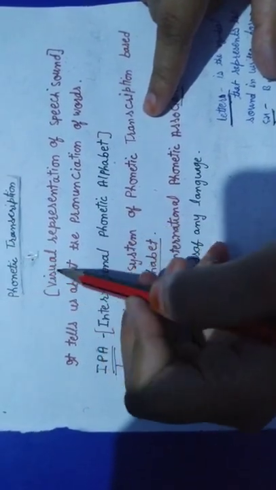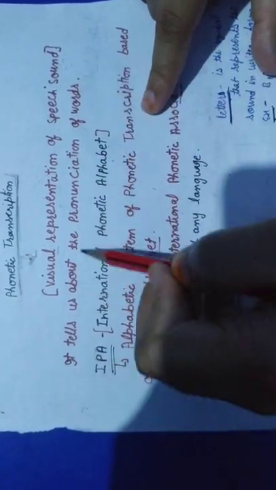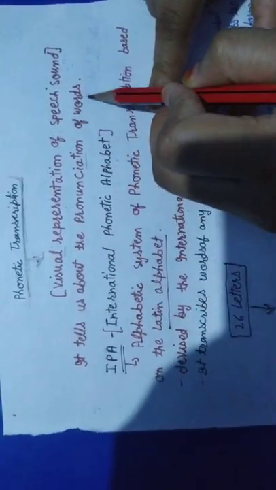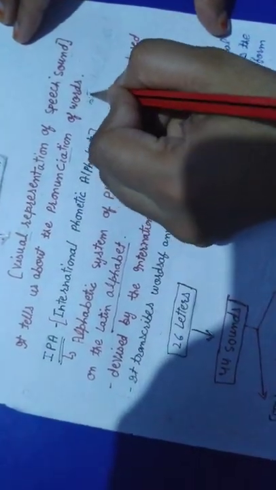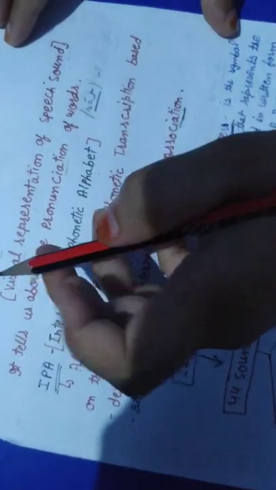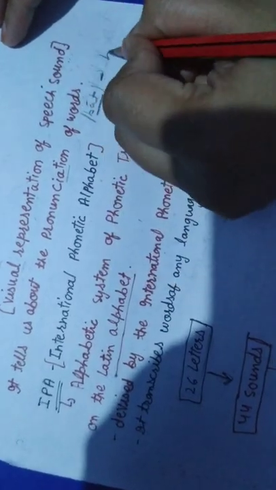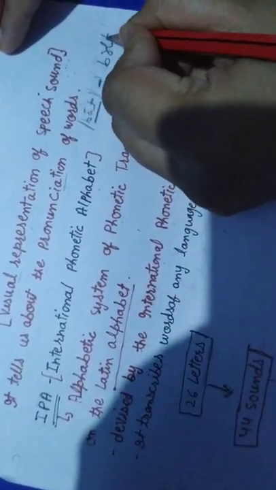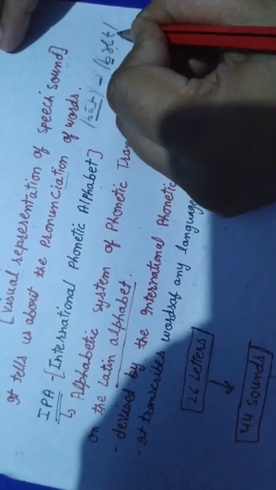So phonetics is a visual representation of a speech sound. It tells us about the pronunciation of words. If I give you an example of "bait", how we pronounce that tells phonetics. Here we use symbols for bait: b, eɪ and t.